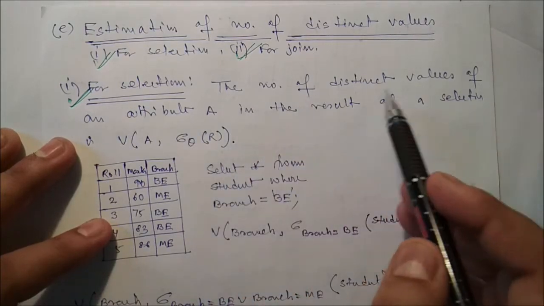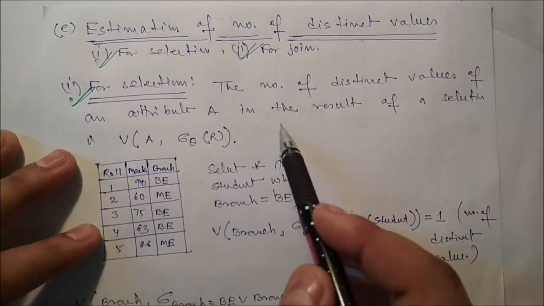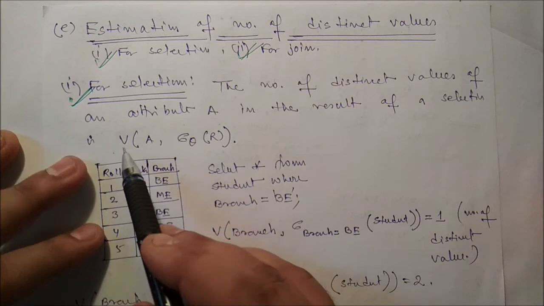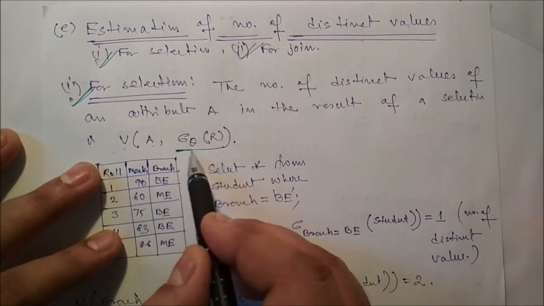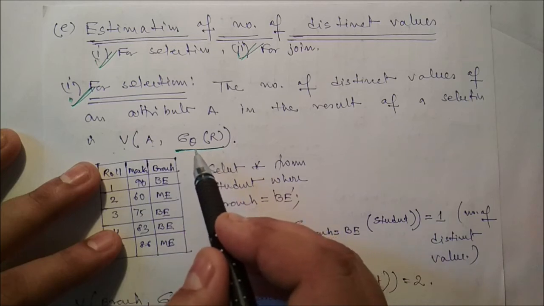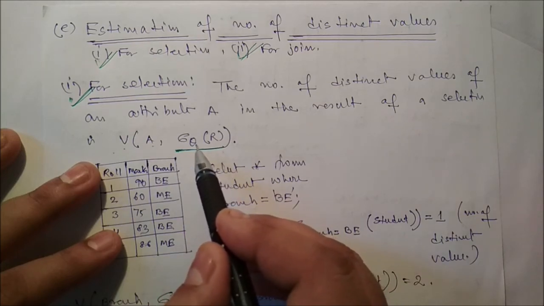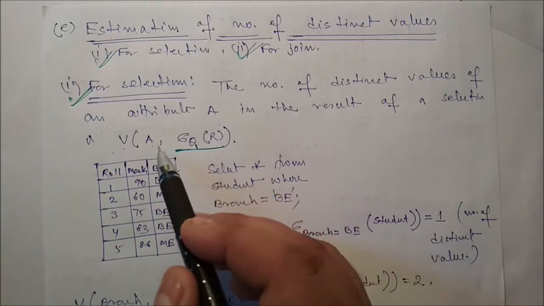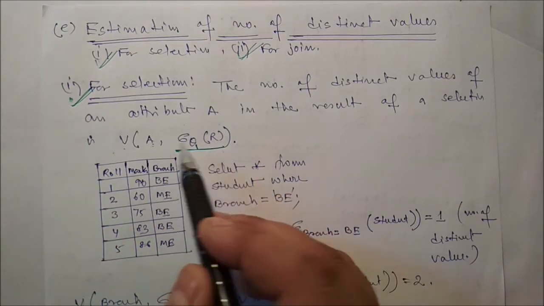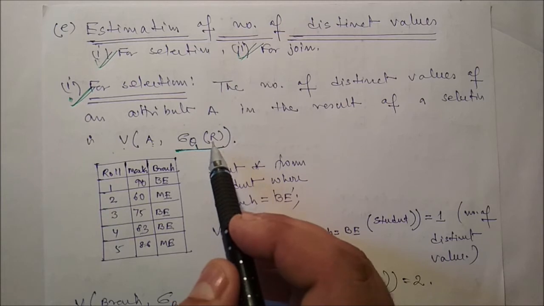The number of distinct values of an attribute A in the result of a selection is V(A, σθ(r)). It returns the number of distinct values present in attribute A from this particular intermediate result, if we use the condition theta.